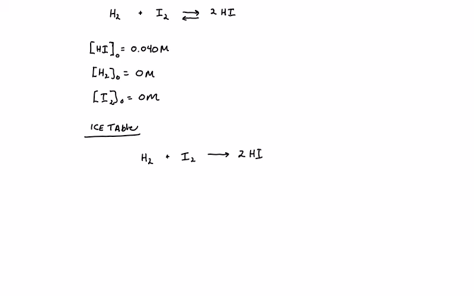And then on the left side we put I, which stands for initial, C, which stands for change, and E, which stands for at equilibrium. So we know the initial concentrations of everything here. So hydrogen 0, iodine 0, and the hydrogen iodide is 0.040. That's molar, but we'll just remember that.